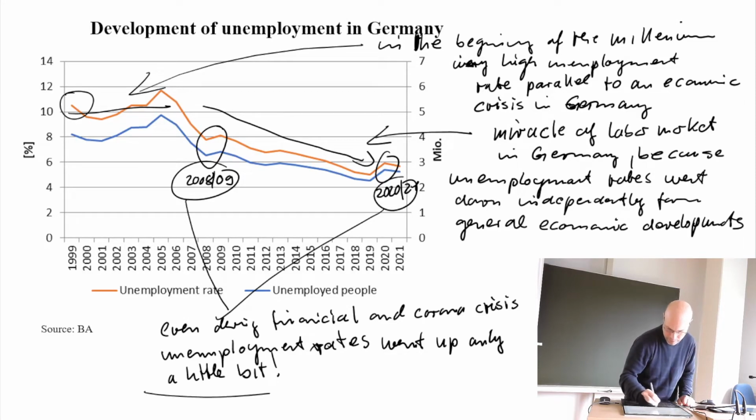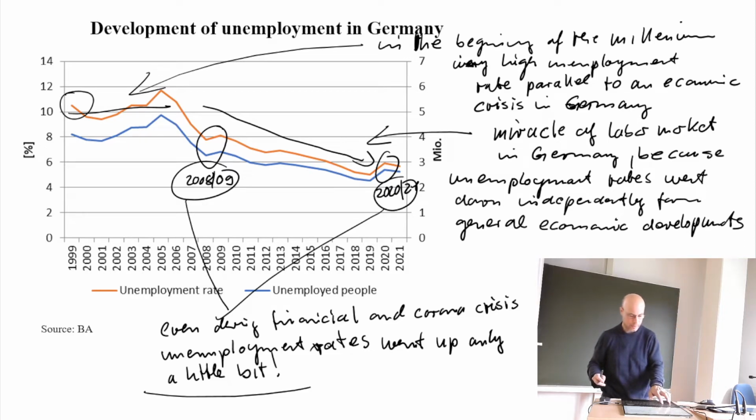And this, of course, we also have to explain later on. So this at the beginning, just a general overview of the development of unemployment in Germany in the last 20 years.